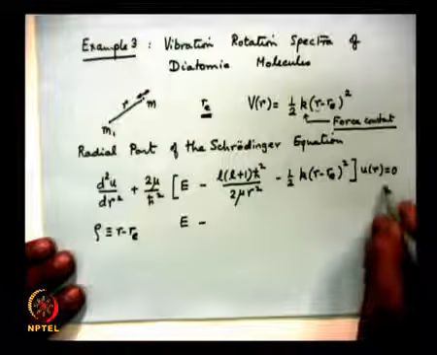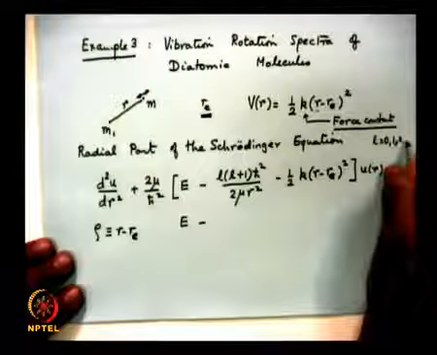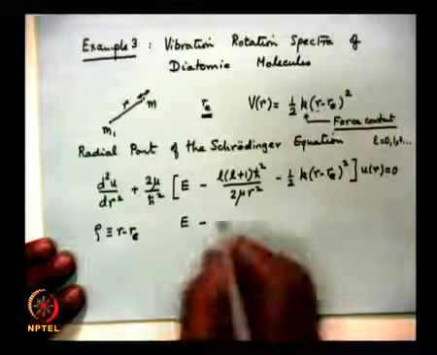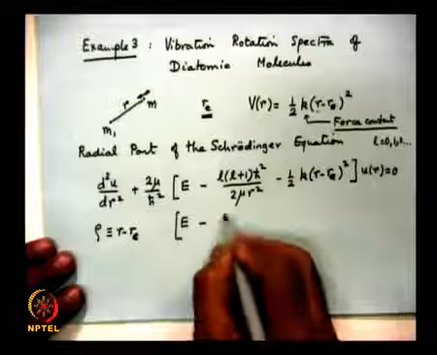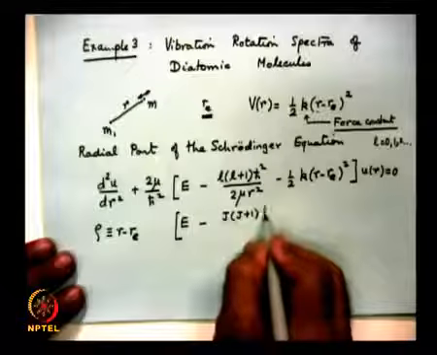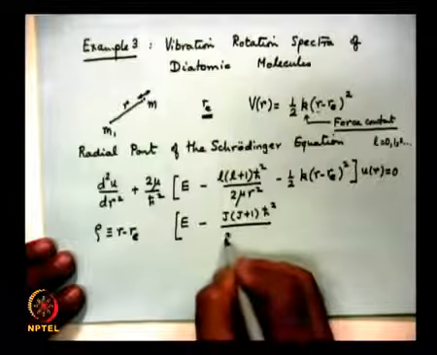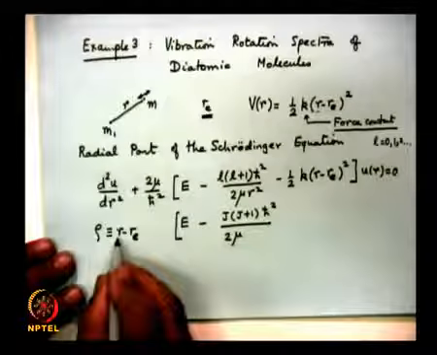As we all know, L is equal to 0, 1, 2, etc. So we will just replace L by J. So J into J plus 1 h cross square by 2 mu r square.